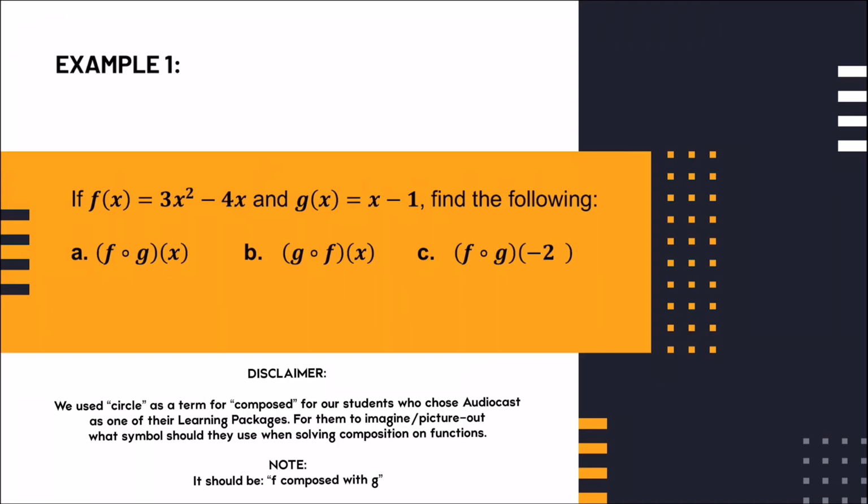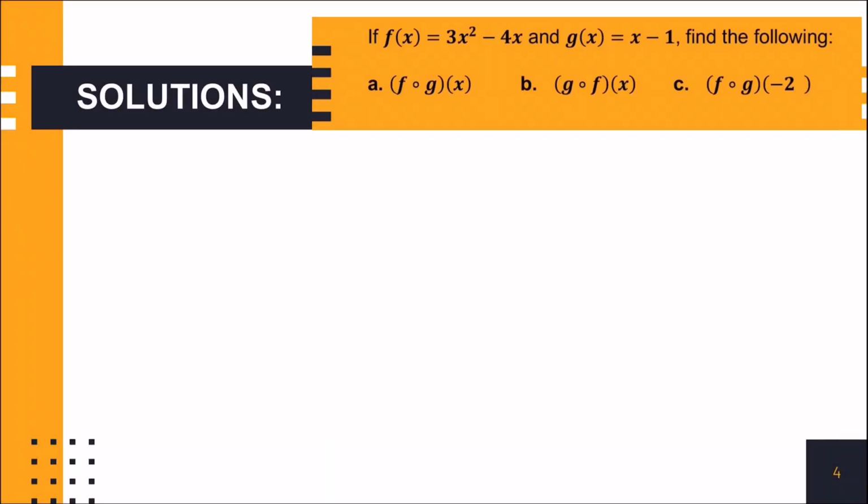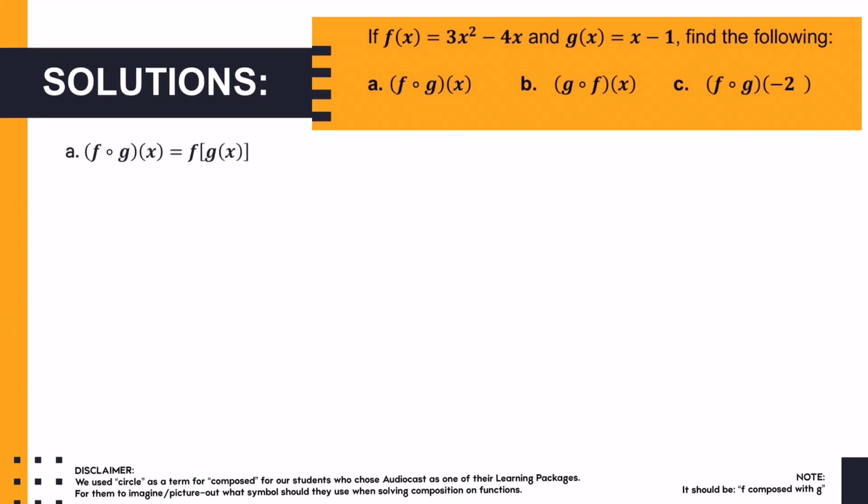F circle g of x is equal to f of g of x. First step, identify what is the first function. The first function is function f, which is 3x squared minus 4x. The second function is function g, which is x minus 1.